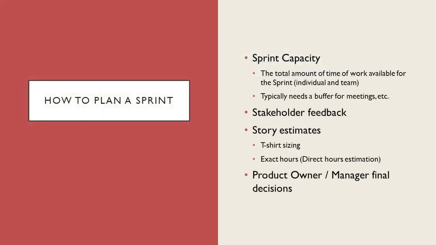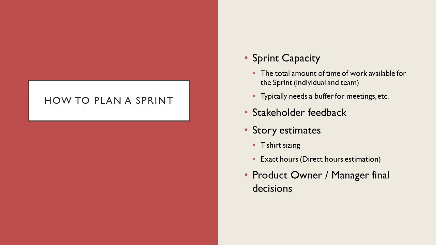Now that we have the components and the attendees for the sprint planning meeting, where do we begin planning? Well, the best place to start is with the sprint capacity. And this refers to the cumulative and individual hours available in the sprint for development.